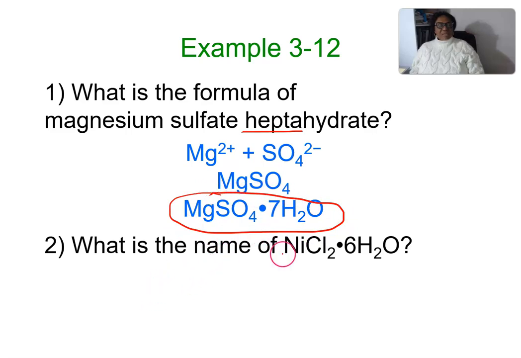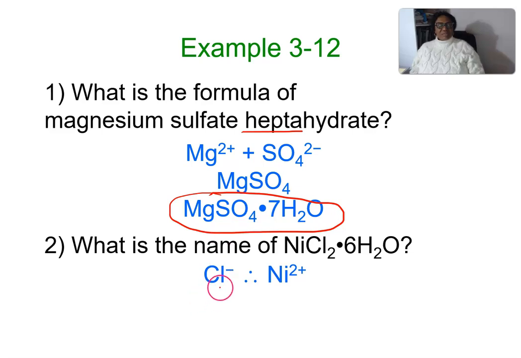So let's look at this. We want to name it. This time we have the formula, we want to name it. Make sure you get the cation and the anion and get their names. Then you put the prefix of the number of water molecules present. Then you put hydrate.